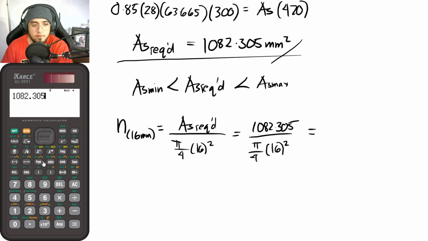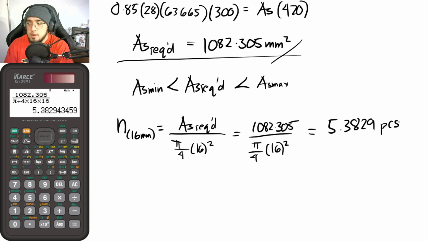We now have 5.3829 pieces. But since we cannot buy 0.3829 pieces, we must round this up to 6. So the number of 16 mm bars is 6 pieces required.